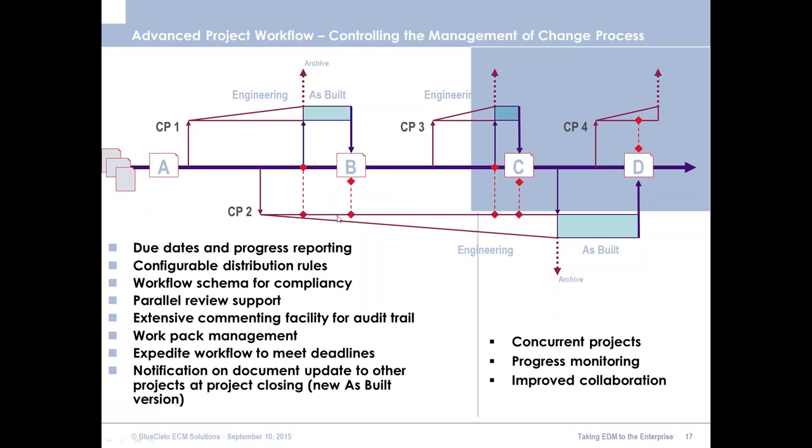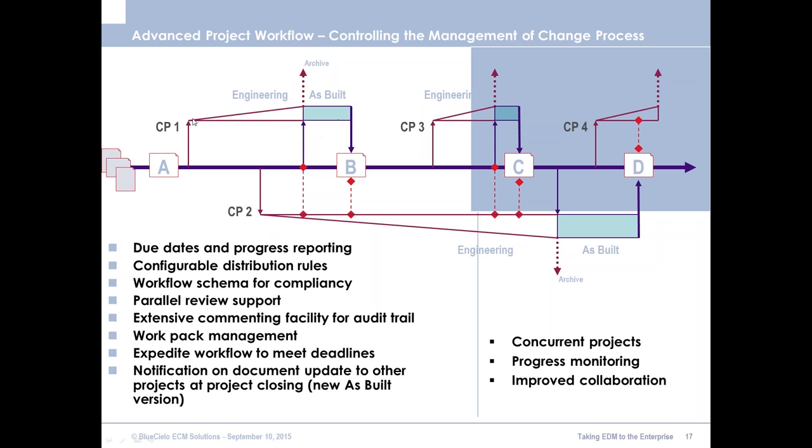This is the advanced project workflow, and again, this is another way that shows it graphically. Here, project 2 is a long-term project. While project 2 is going on, all or portions of projects 1, 3, and 4 have also happened, and each one, of course, has an engineering phase, a construction phase, and then when the construction phase is done, the new as-builts are generated.